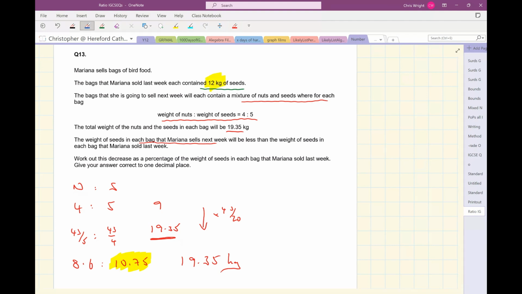So, work out the decrease as a percentage. Okay, well, it was 12 and now it's 10.75. So it's decreased by 1.25 kilograms. So the percentage decrease is 1.25 over 12 times by 100.